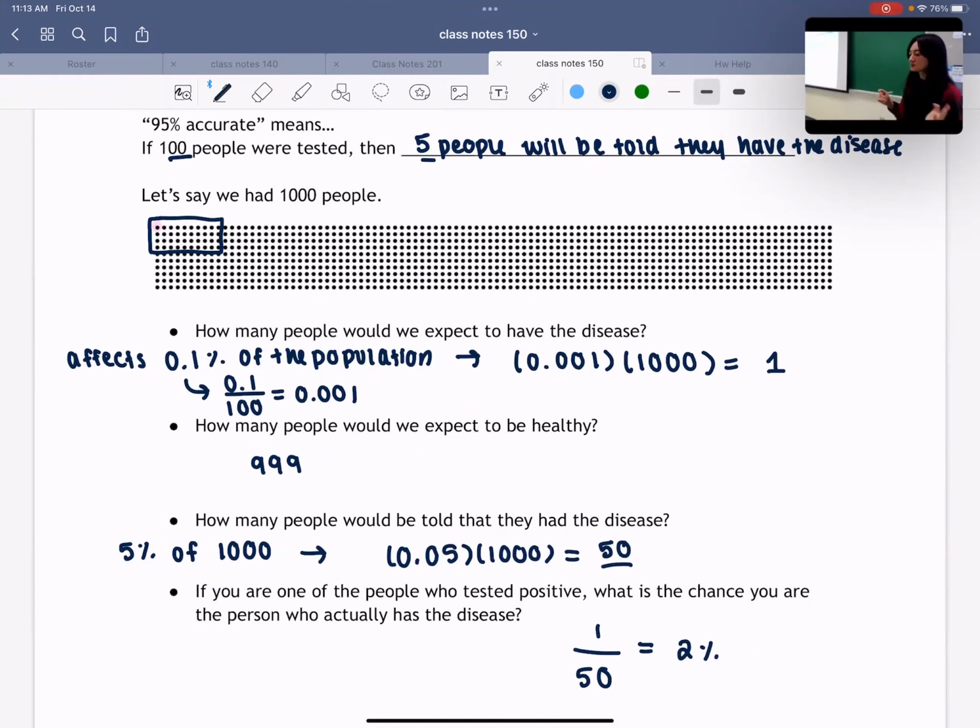Okay. So the idea of conditional probability, which is what we're dealing with, is we have a population and we're kind of restricting the population based on, for example, being told that we tested positive. Okay, we want to find the probability of something given the information that we already have.